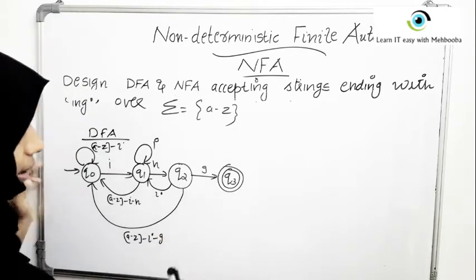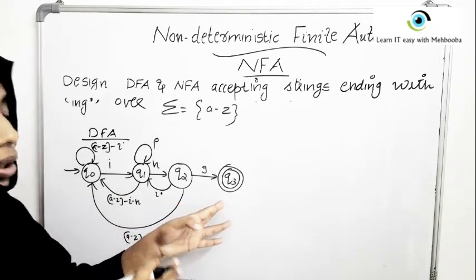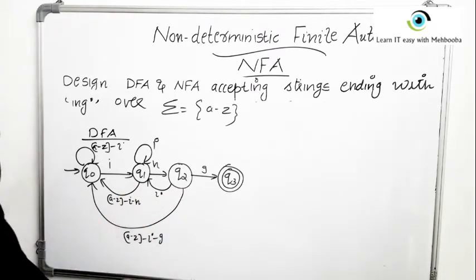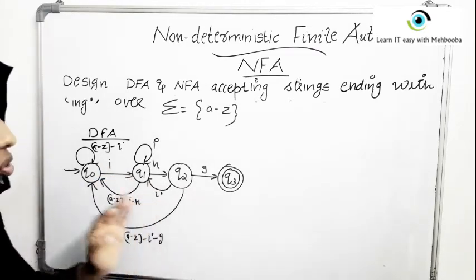Now at the end, it is almost like the previous question, but at this end you are not expected to get anything, because we are accepting strings ending with ing, isn't it?